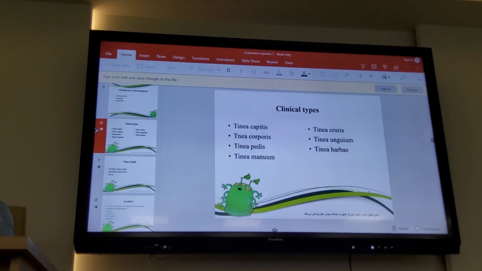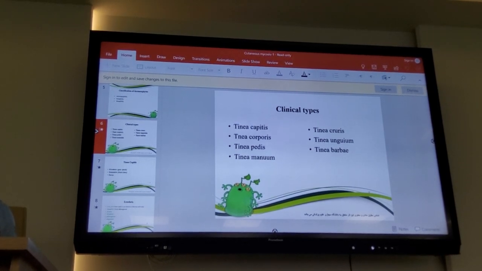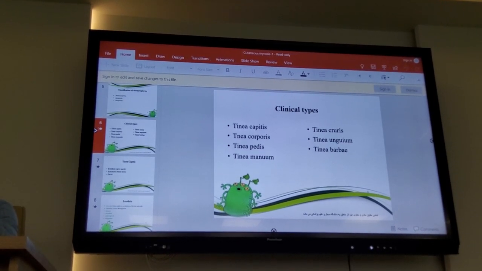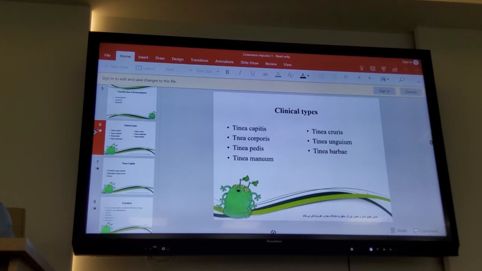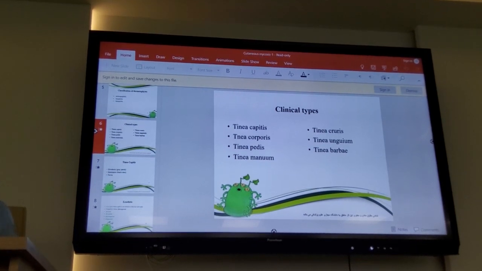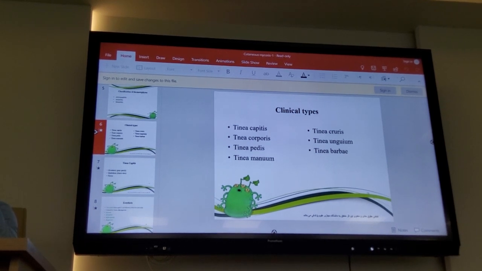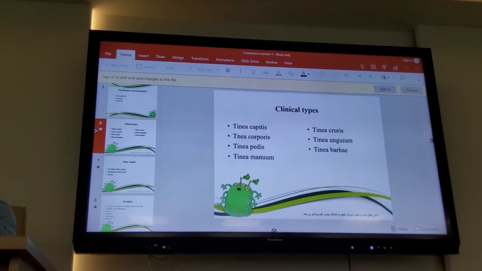Another reason for this classification is clinical sign. Is the clinical sign of tinea unguium similar to tinea capitis? No. In tinea capitis, you see missing hair, but in the nail you don't have any hair. You see the nail breaking down.